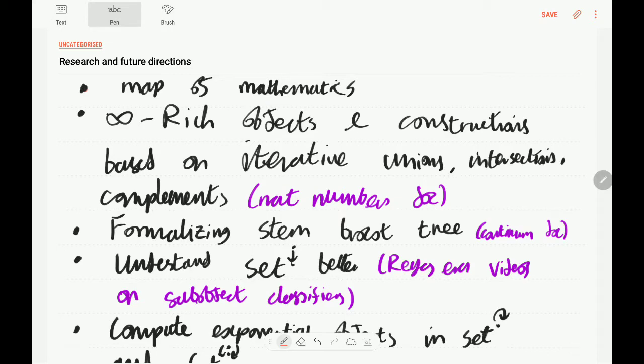For example, if you've got two fields of mathematics and the axioms for them are very similar, maybe they have all the same axioms apart from one or something, maybe we could visualize them as being quite close to each other, and so on.